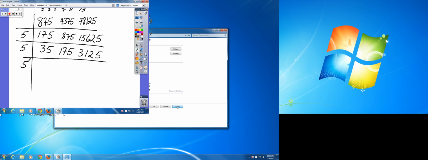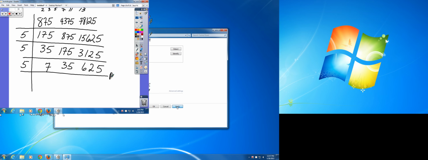5 will go into 35 7 times. 5 will go into 175 35 times. And 5 will go into 37 6 times. That'll leave 12 and 5. What happens here? Real math, what?